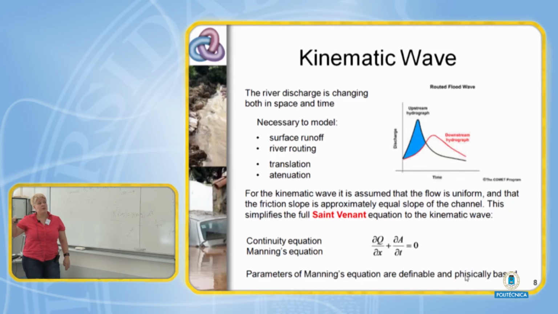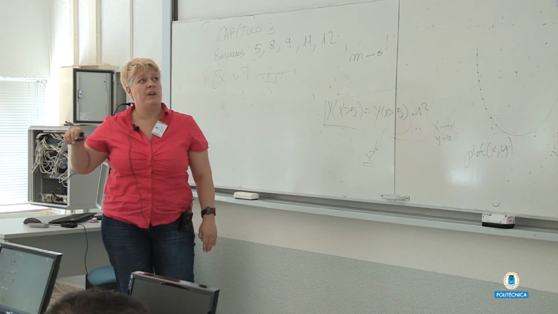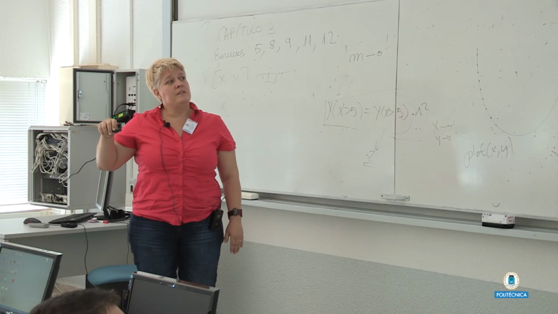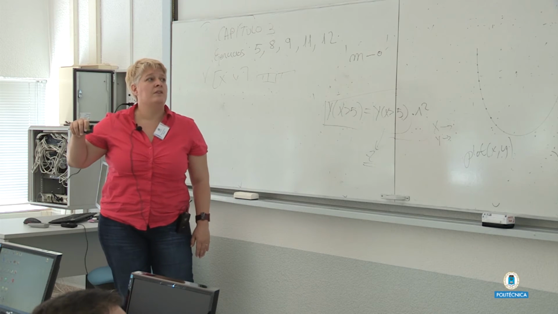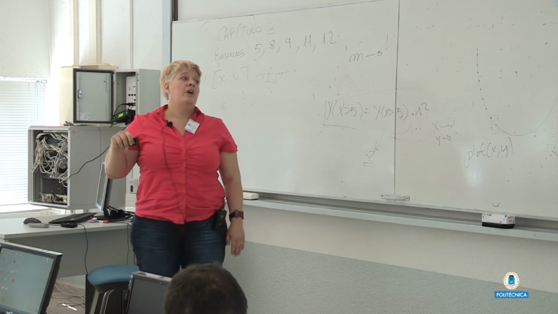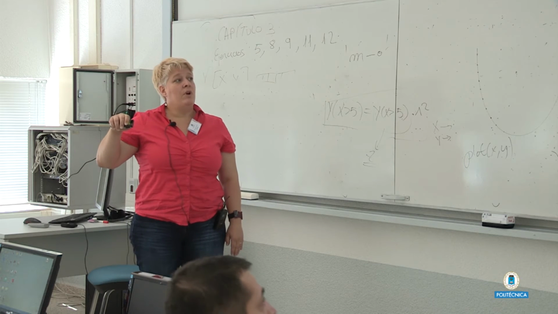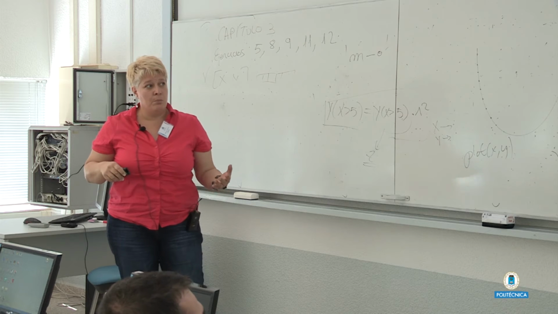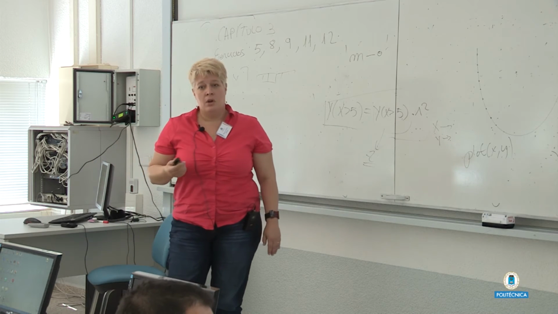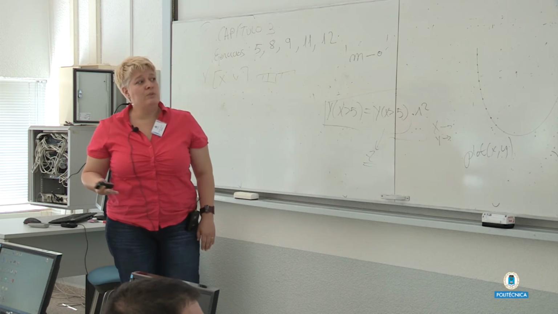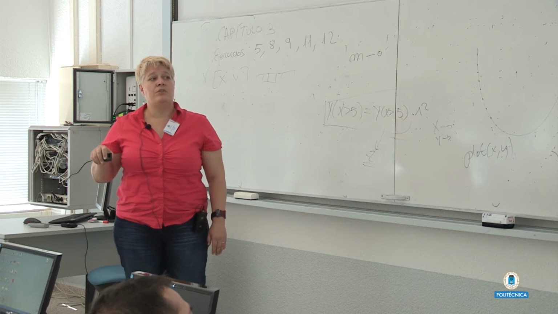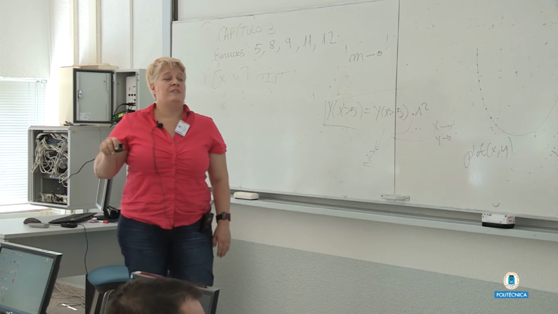In HBV, this transformation is solved using the kinematic wave method, which is a simplified version of St. Venant's equations. So we have a continuity equation and the Manning equation. This method is very simple to program and to use, and the parameters of Manning's equation are physically based.